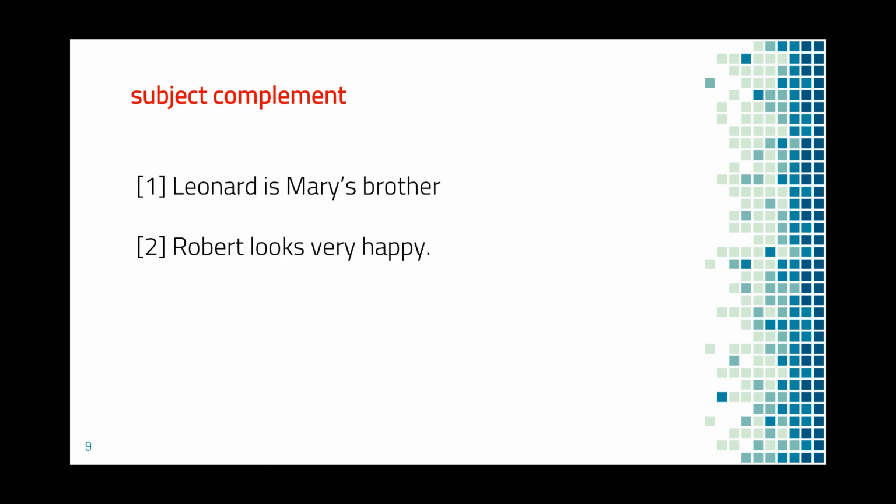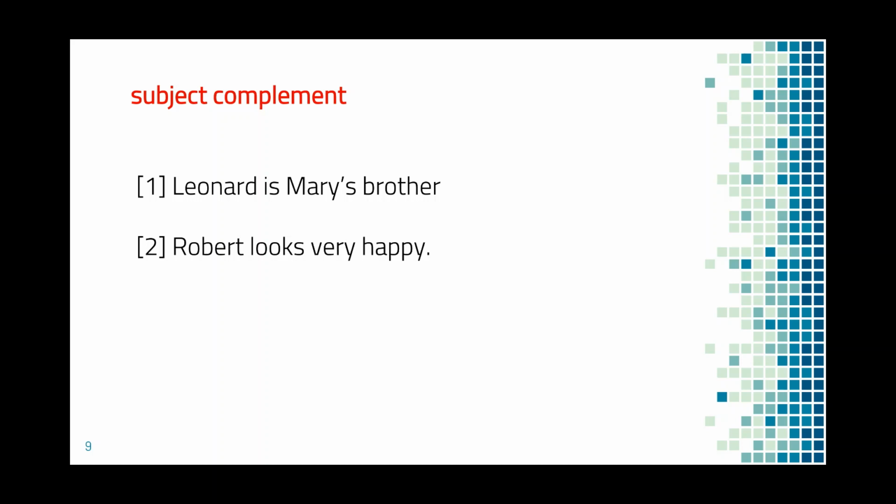Number 1, subject complements are required by linking verbs. Let me phrase it differently: linking verbs require a subject complement to complete the sentence. The most common linking verb is the verb to be. And subject complements are usually noun phrases.